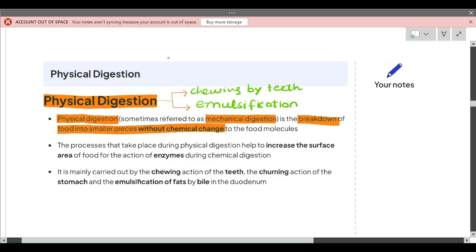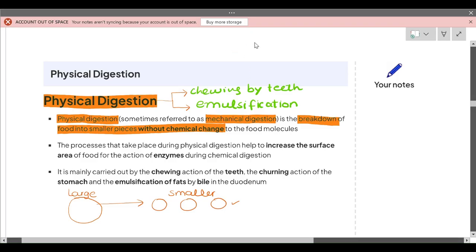It means that when a piece of food is converted into smaller pieces, the only difference between them is that the previous one was larger in size and this one is smaller. There is no chemical difference between them.